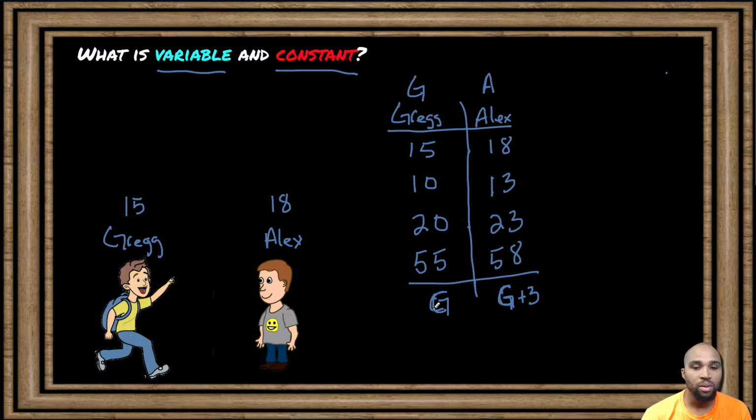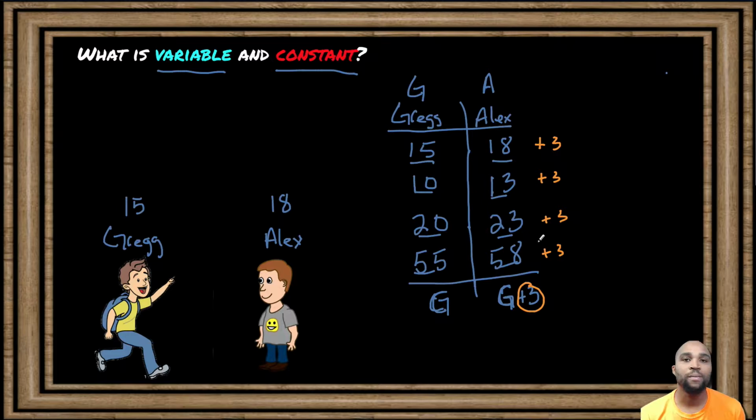Which one is the variable in this case? What's varying? Well, Greg's age varies, and so does Alex's age. But what stays the same each time? No matter what, each time we're adding 3. So this is our constant. No matter what, this plus 3 stays the same.